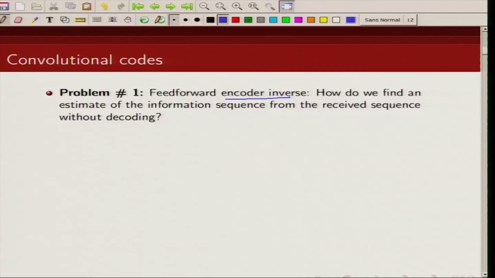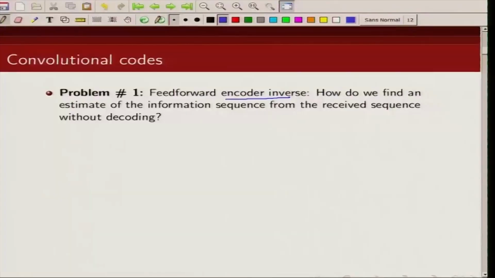However, if you are using a non-systematic encoder, then you cannot directly get the information bits. So, we are talking about an encoder inverse, which will allow us to recover the information bits directly without decoding. In this problem we will look into what an encoder inverse is and under what condition the encoder inverse exists.